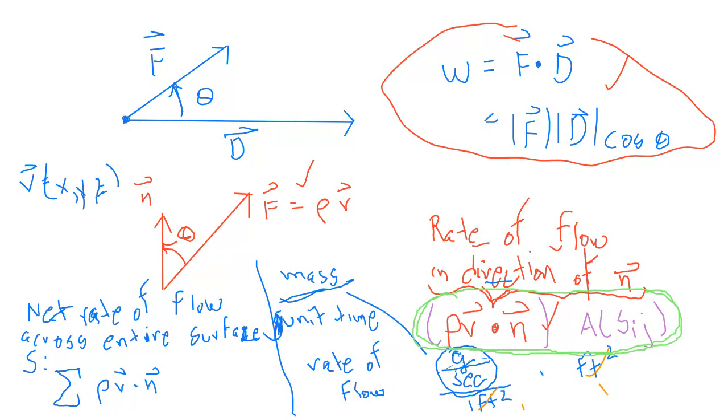You'd have to sample points all along the surface, compute the dot product at each point along that surface, and then multiply it by the area of the ijth patch at that point on the surface.